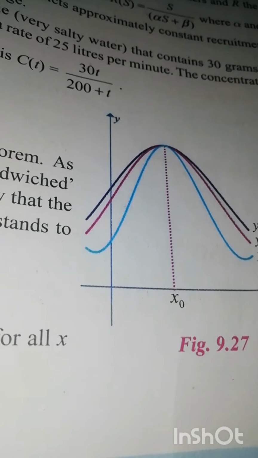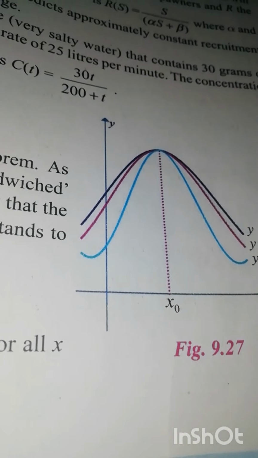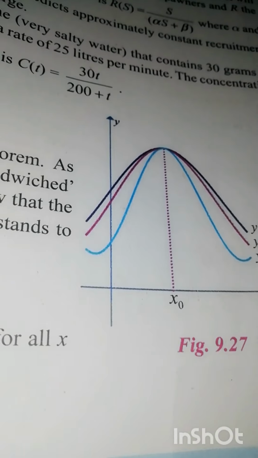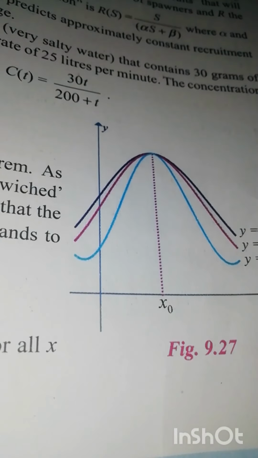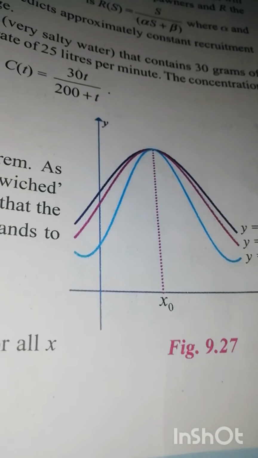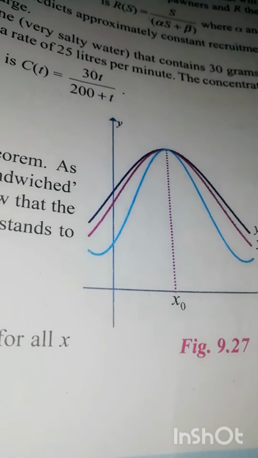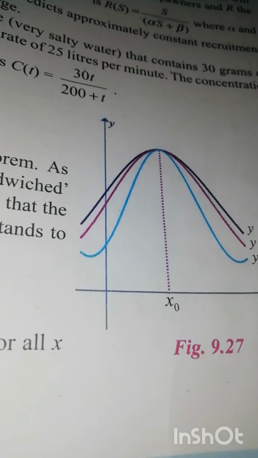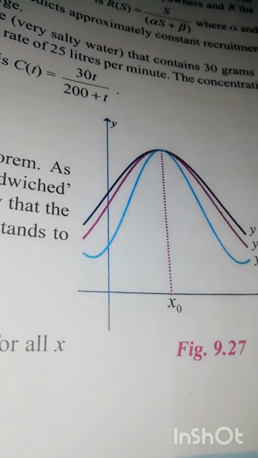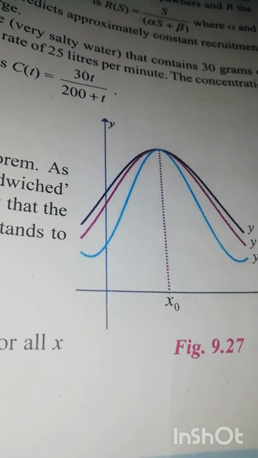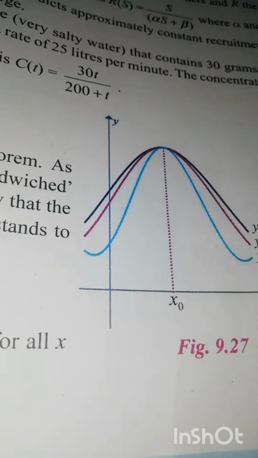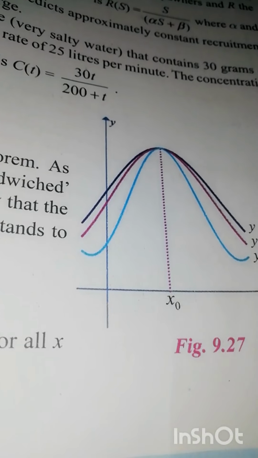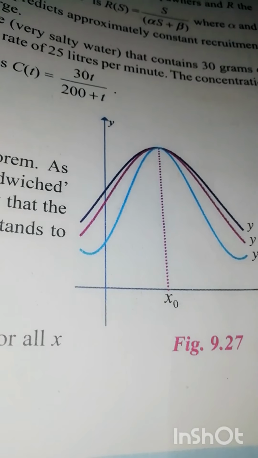The area covered by the left hand limit is the same area covered by the right hand limit also. If both are equal, this type of function is called a continuous function.